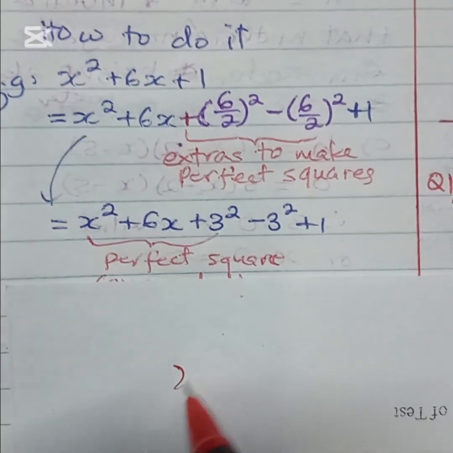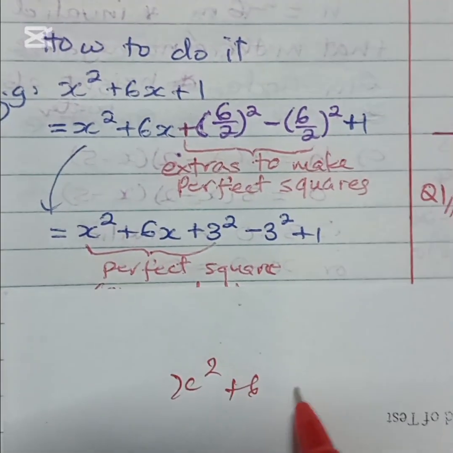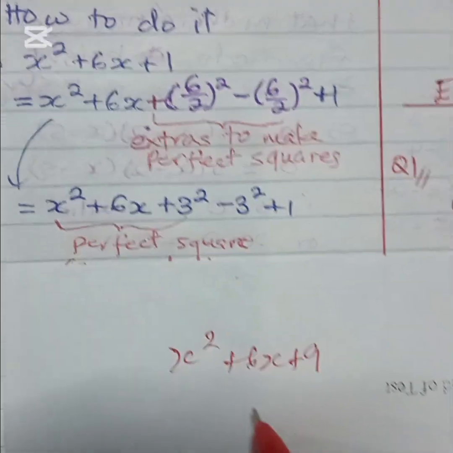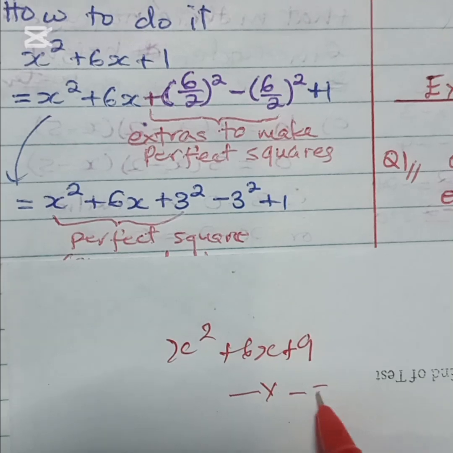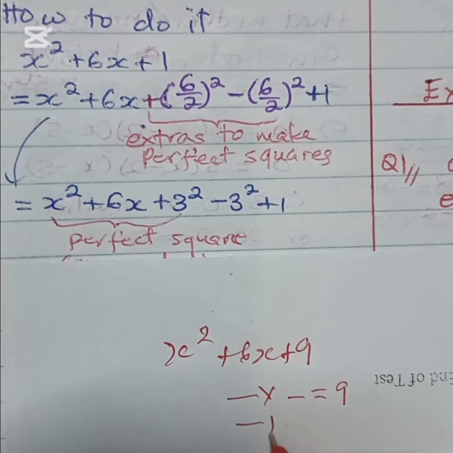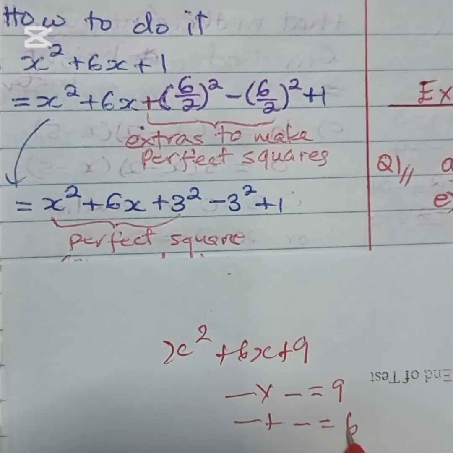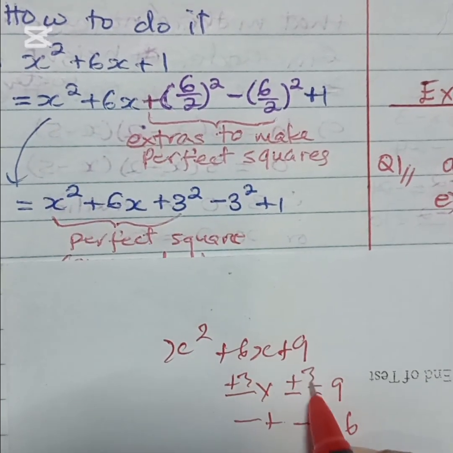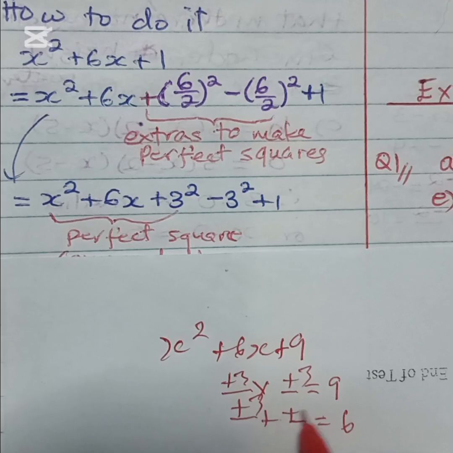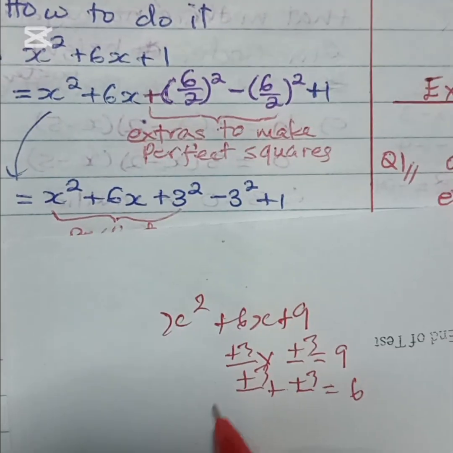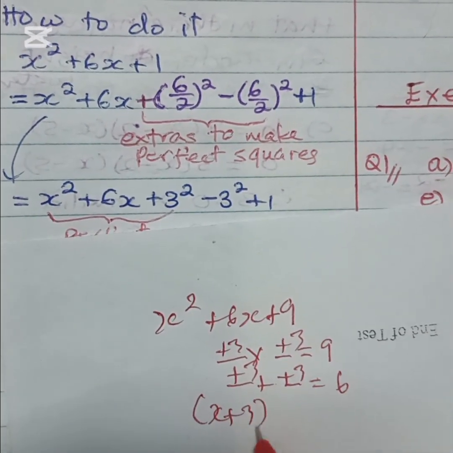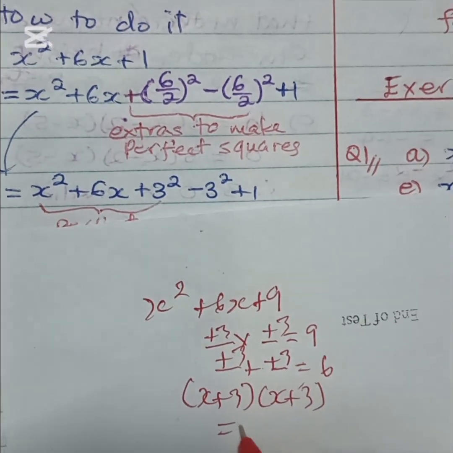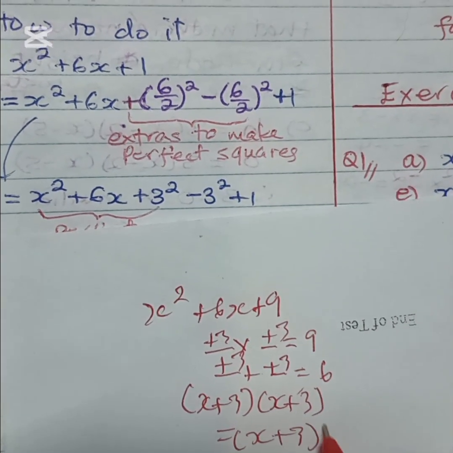So we have x squared plus 6x plus 3 squared is 9. So we find two numbers that multiply to give 9 and add to give 6. And these two numbers are 3 and 3, positive 3. So our factors are x plus 3 and x plus 3, which is the same as x plus 3 squared.